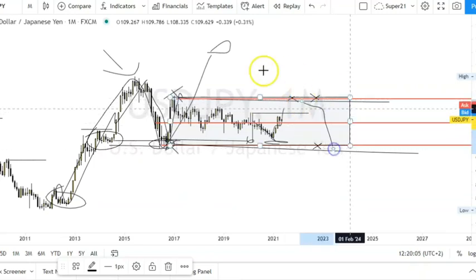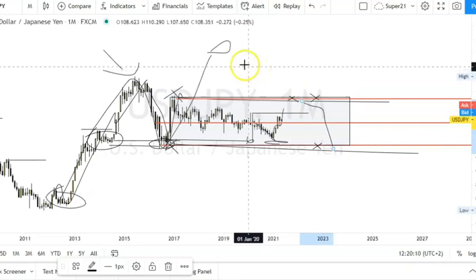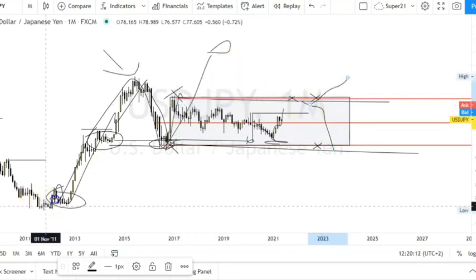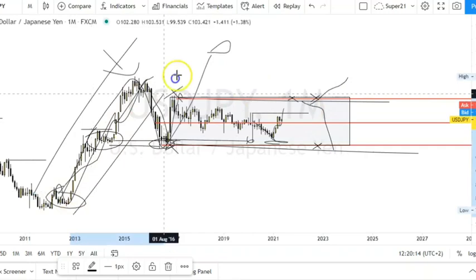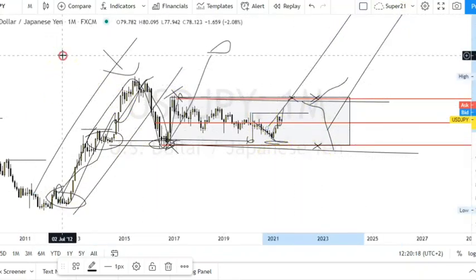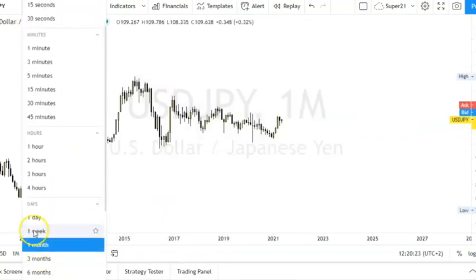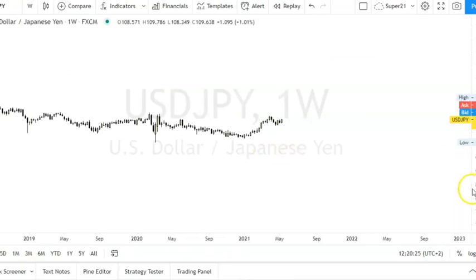Either we come back to continue within this range, or we break above to have the continuation going up. So at the moment, we understand what's happening on the monthly, so we need to break it down on the weekly and see what's happening there.